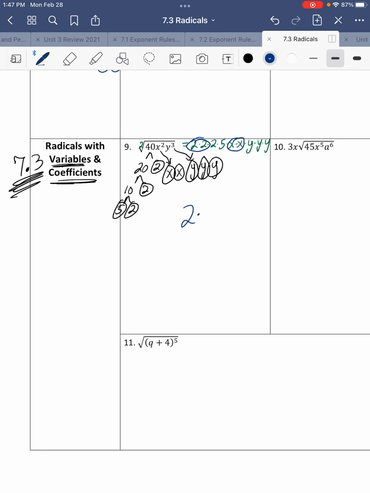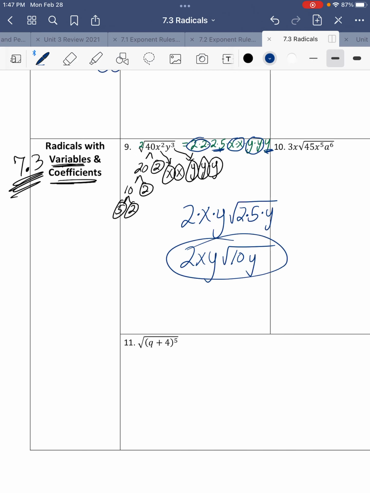Pair of x's, that'll come out as an x. And a pair of y's, that'll come out as a y. What's left over underneath is a 2 times 5 and then a y. On the outside we have 2 times xy, we just write 2xy. On the inside is 2 times 5 is 10y.